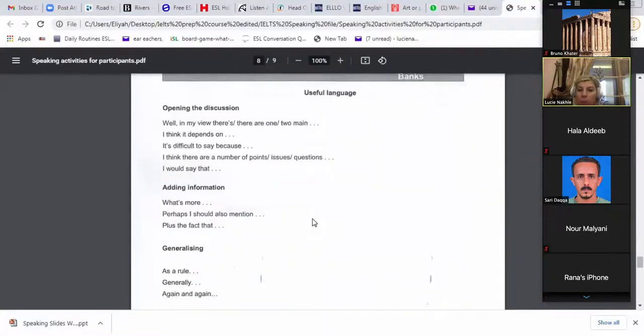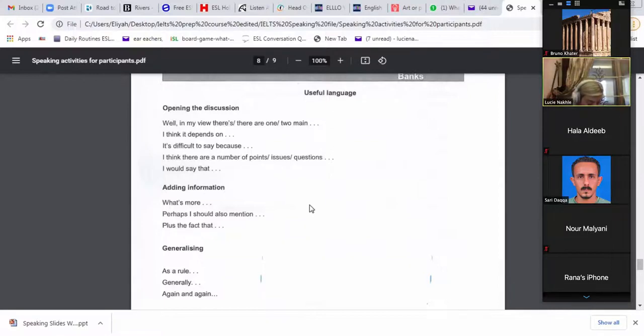Now, when we go into part 3, as I said earlier, this is totally not about you. This is about your opinion about things, but it's not about your personal experience within that matter. Here is some useful language that you could use when expressing yourself in part 3. Remember, it's an abstract, general idea or topic, things that are happening in the world, about the pandemic, the environment, people, people's behavior, people's mentality, things like that.